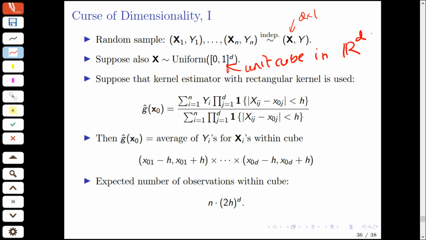And suppose also, again for simplicity, that we use the Nadaraya-Watson kernel estimator with a rectangular kernel. And we use a product form for the kernel. Then our kernel estimate takes this form.